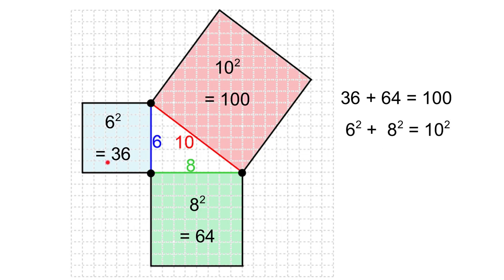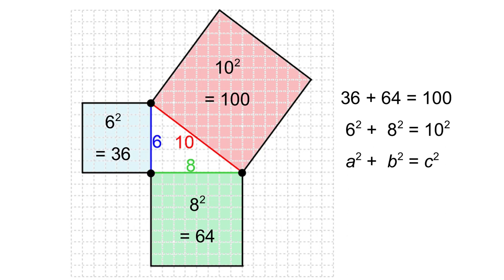Now 36 was 6 squared, 6 times 6. 64 was 8 squared, or 8 times 8. And 100 is 10 times 10, 10 squared. So I can write 36 plus 64 equals 100 as 6 squared plus 8 squared equals 10 squared. And this is to remind you of this formula here: a squared plus b squared equals c squared, which you'll recall is the Pythagorean theorem.